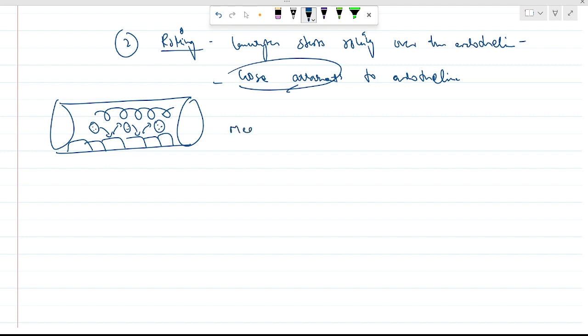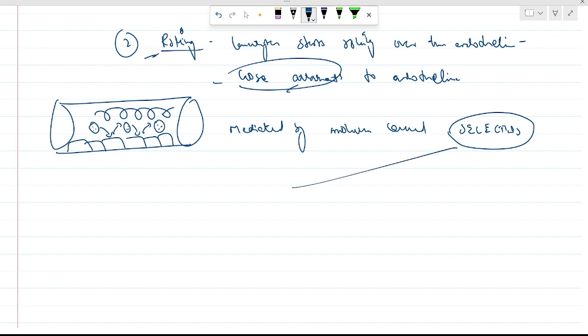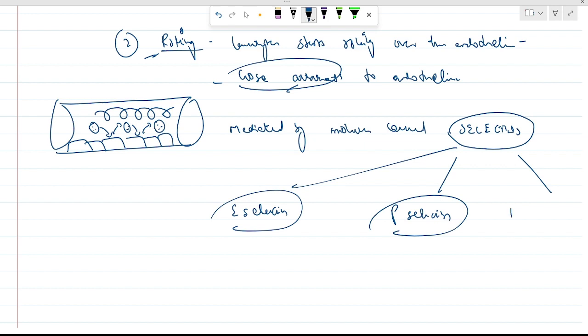An important point: these are mediated by molecules called selectins. Selectins are for rolling purpose. Selectins are of three types, remember: E-selectin, P-selectin, and L-selectin.